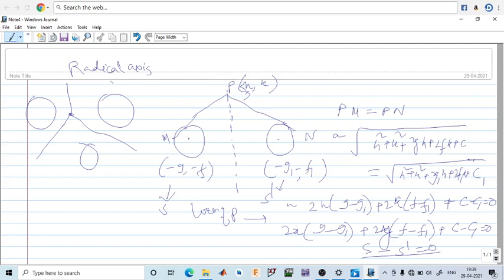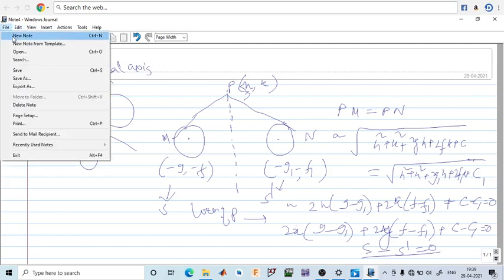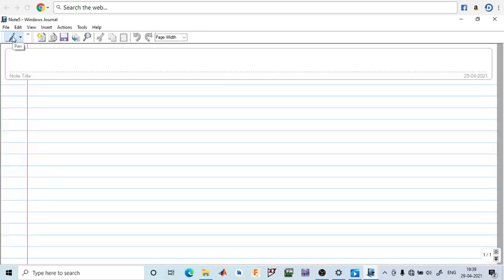So now let's go to the part coaxial system of circles. What is a coaxial system of circles? Suppose this is a circle and suppose this is another circle which has a common line.